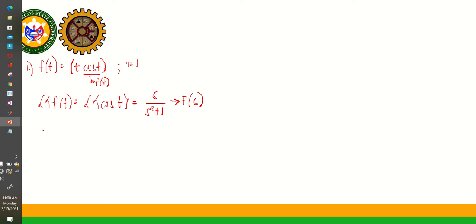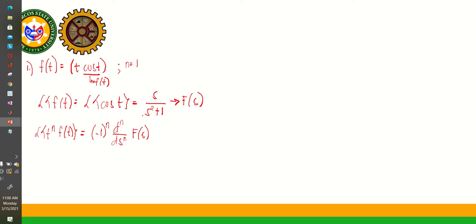And from the definition, the Laplace of t raised to n times the function of t is equal to negative 1 raised to n times the nth derivative of your F of s. So, our F of s is s over s squared plus 1 and our n is 1.